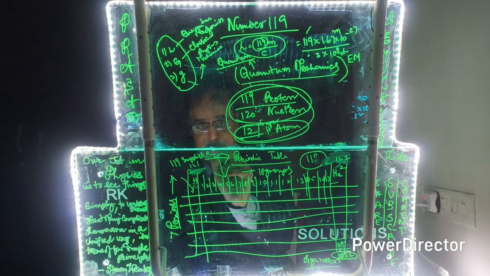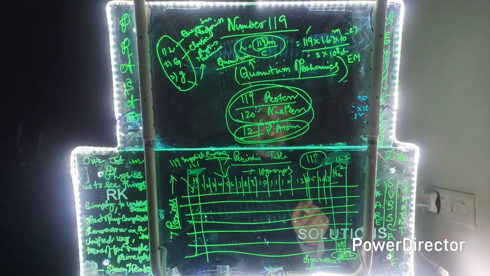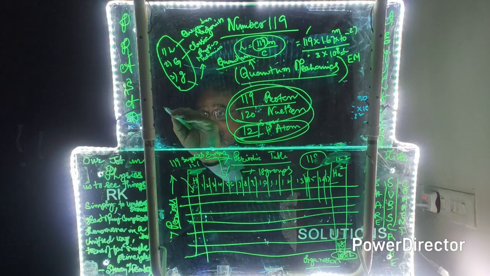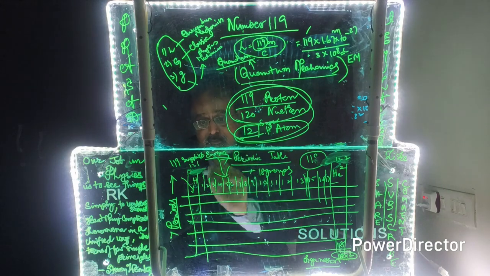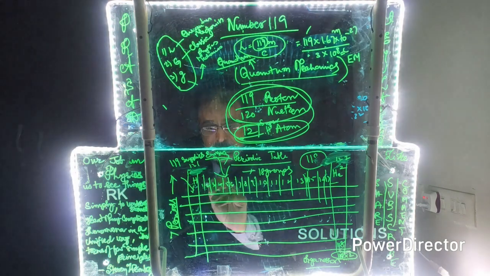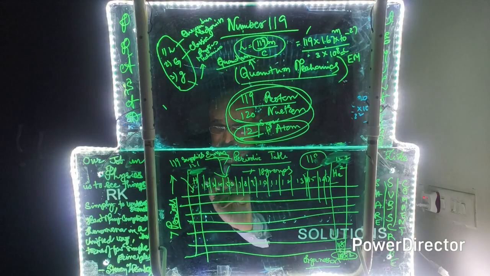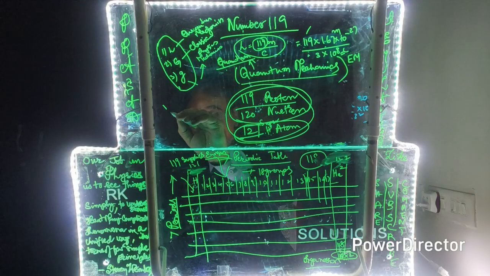This whole table, 119, supplies energy to all 118 elements of the periodic table. As many numbers as you have, the atomic number, those many times this electromagnetic radiation, H, will be supplied.